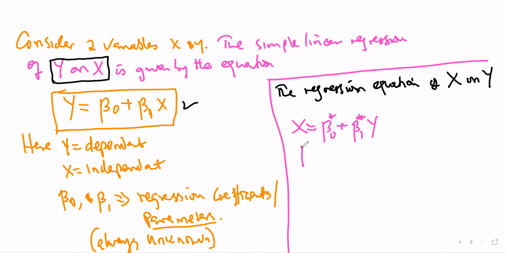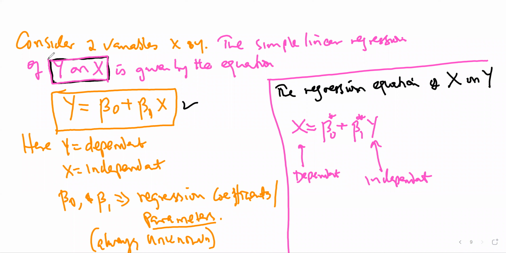But in this case, this is your dependent variable, and in this case, this is your independent variable. So what becomes your dependent or independent variable relies on what you are regressing on what. You regress the dependent variable on the independent variable.